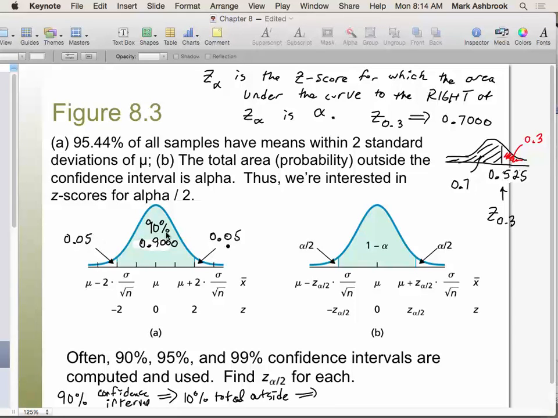That would make the 10% total lying outside of our confidence interval, right? That means 0.05 to the right, which would mean, what's our alpha value then? For this Z-score right here, what alpha value are we talking about for a 90% confidence interval?